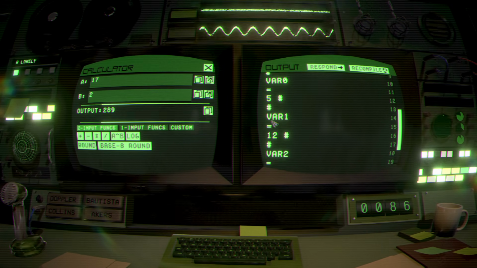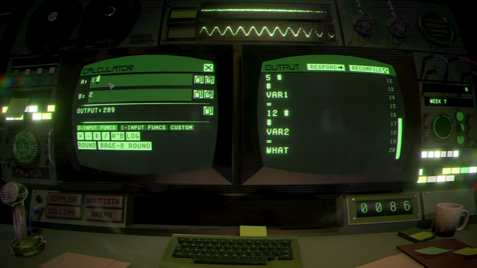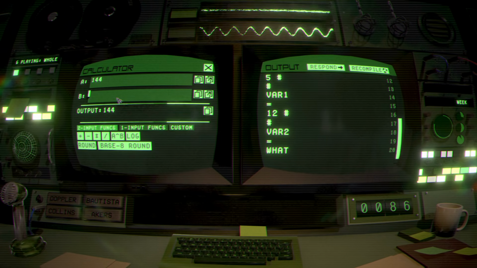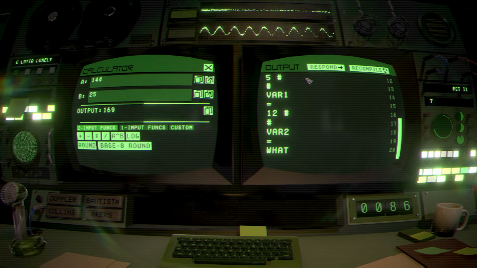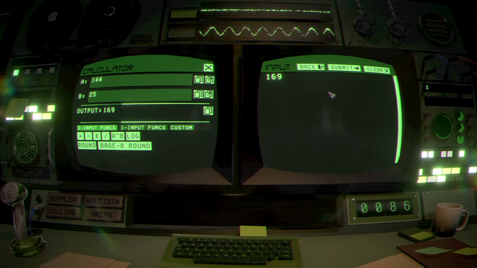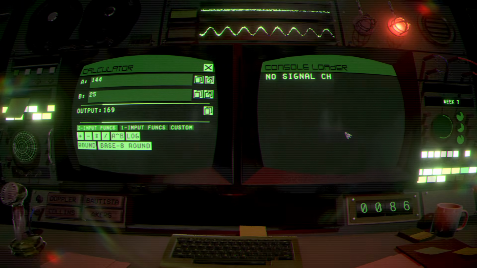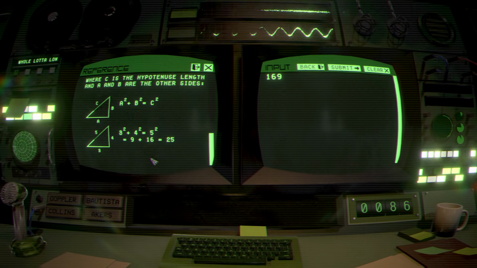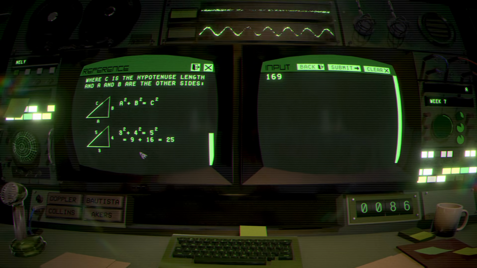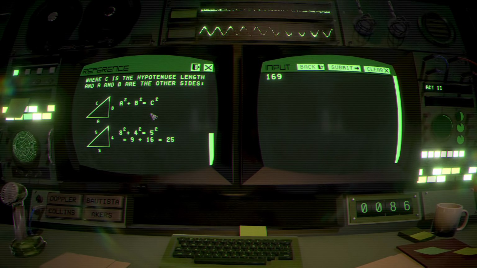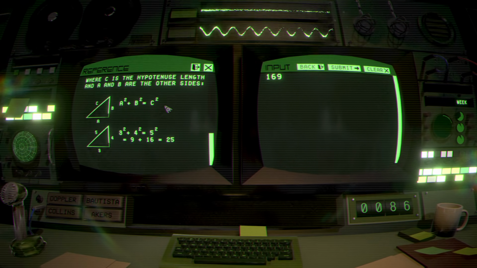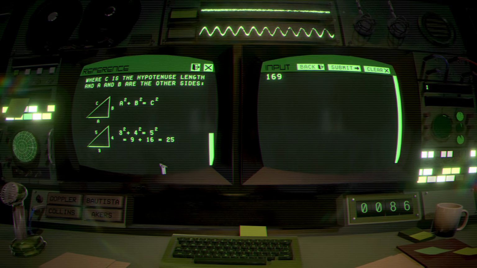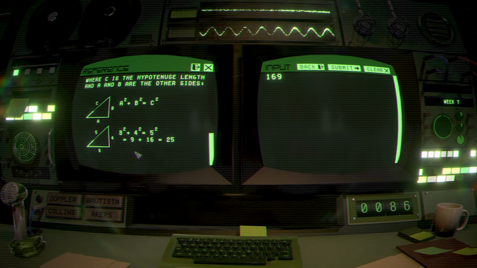So 5 squared is 25. 12 squared is 144, right? 144 plus 25 is 169. No. Doing something wrong here.